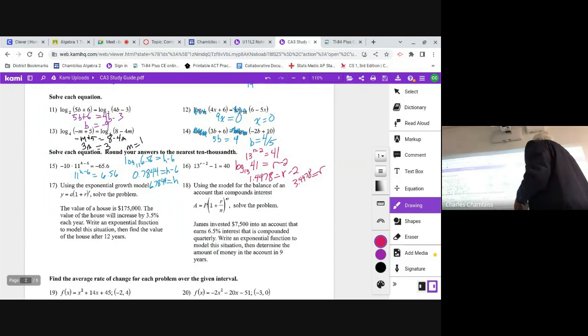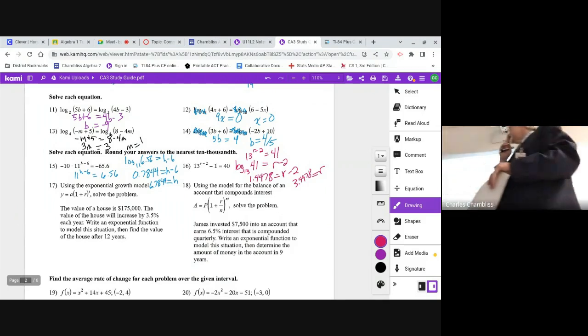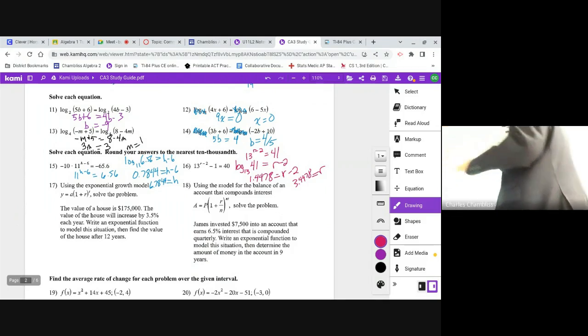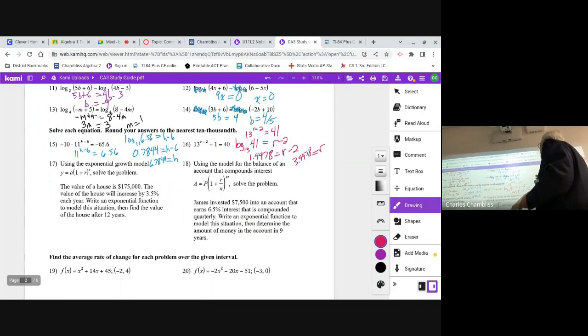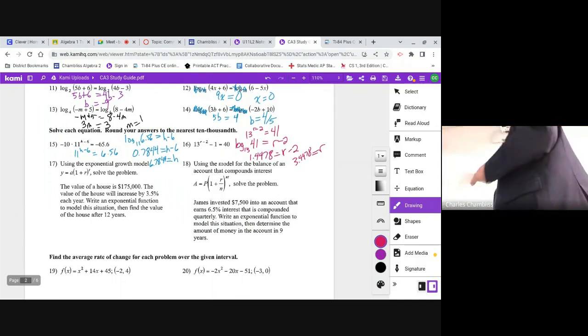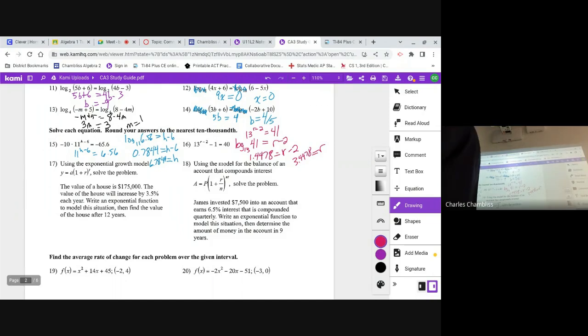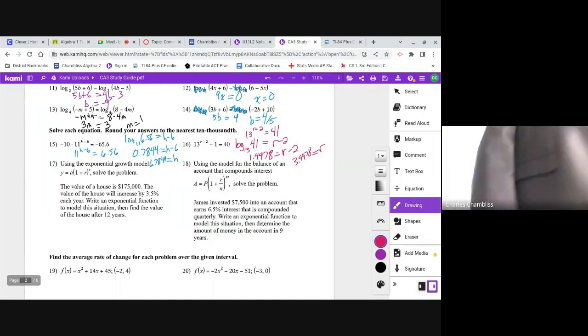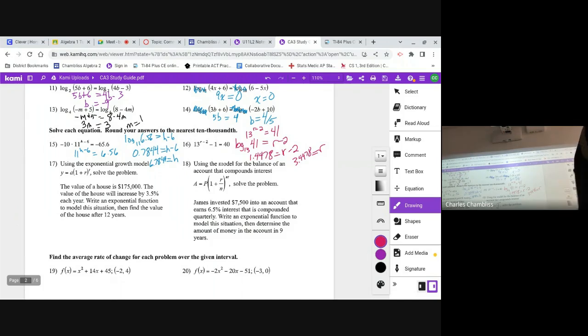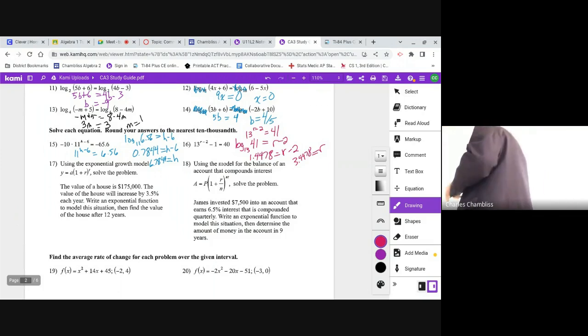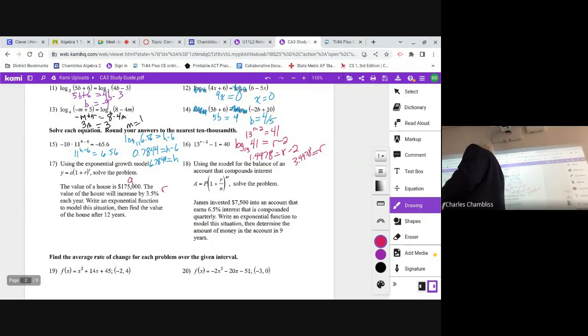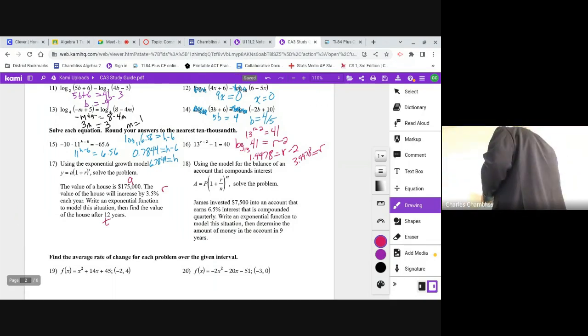All right. 17 and 18 are word problems, but here's a formula. So you've got to figure out what goes where. Value of a house is $175,000. That's the A in the formula. R is the 3.5%, so that's 0.035 when I go to put it in there. And T is 12. So A, R, and T, and I just have to plug it into the formula and evaluate it.